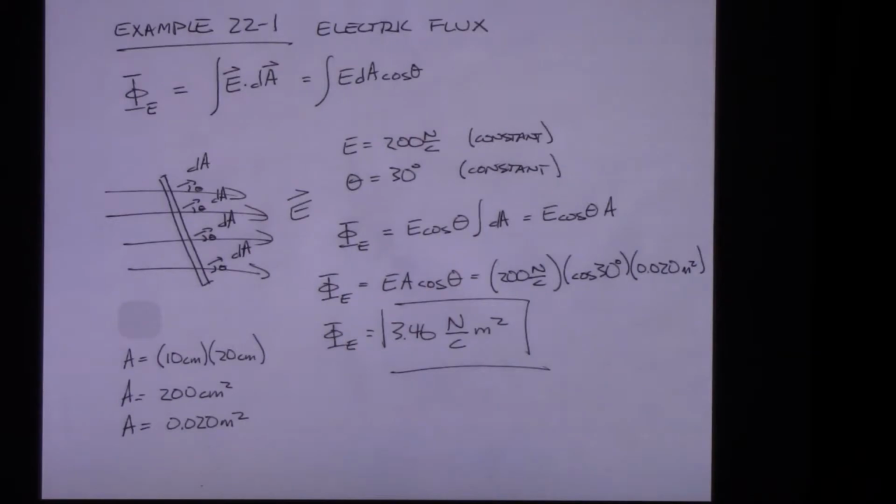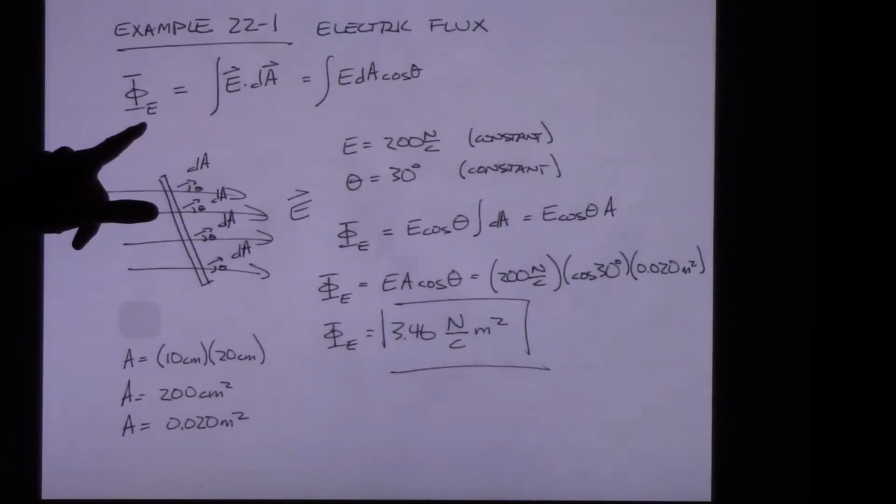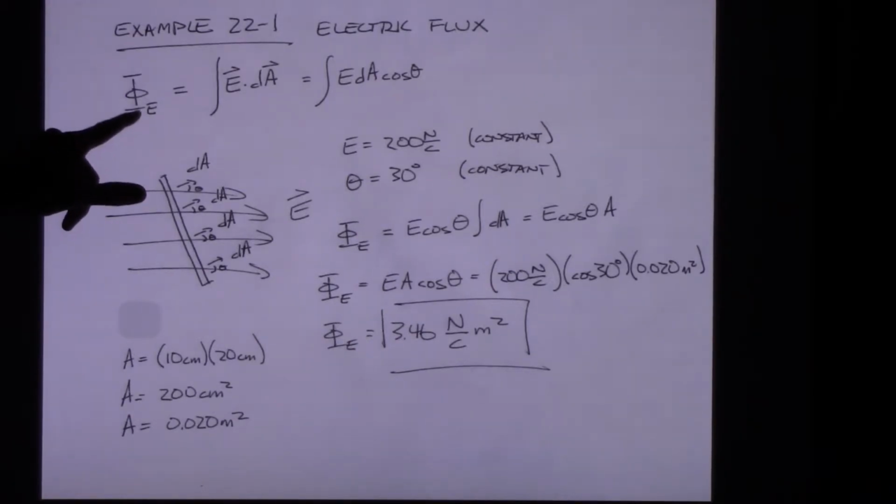In general, the electric fields won't be uniform, and the surface areas also are not necessarily flat. So in general, for electric flux we use this capital phi with a capital E subscript to remind us this is the flux of electric field passing through this area.